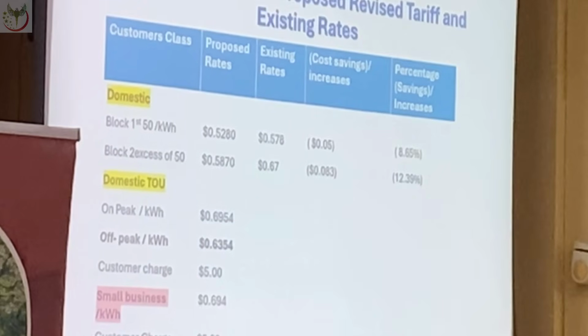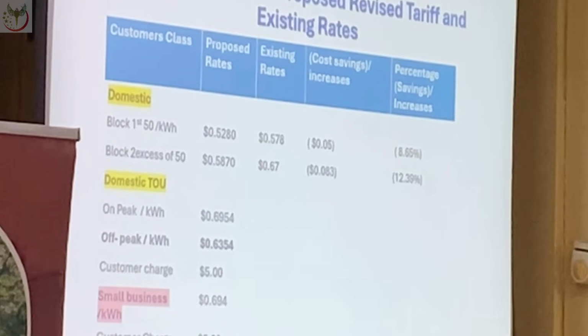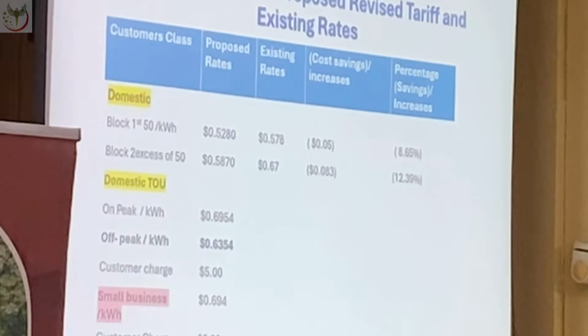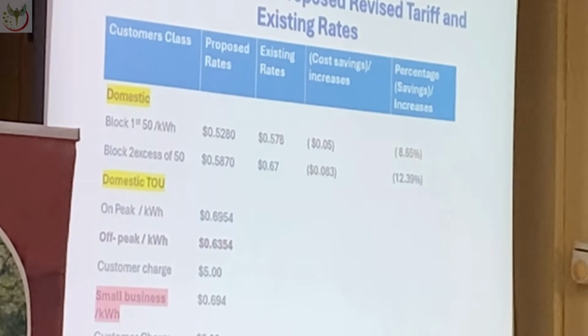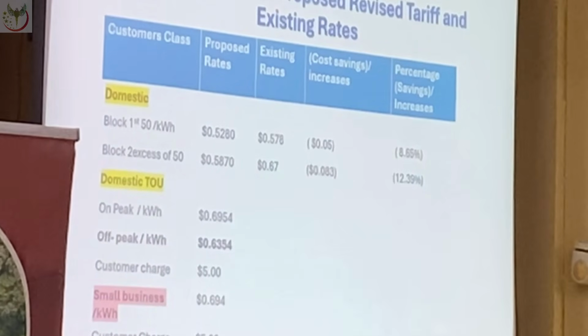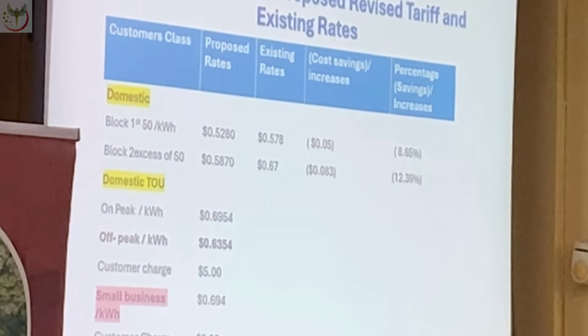So in the proposed rate, we are seeing, therefore, there's an 8% decrease. In block 2, there's a 12.34% decrease when we compare the proposed with the existing structure. Also, in terms of modernizing our tariff design, we look at domestic time of use. So we are seeing, therefore, you have the peak rate 0.654 and the off-peak rate is 0.6354.